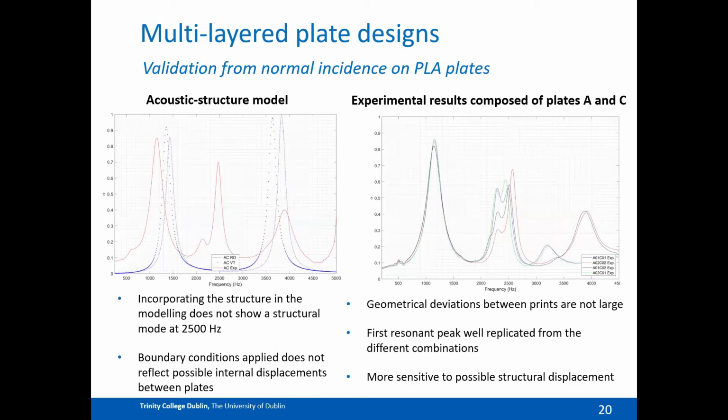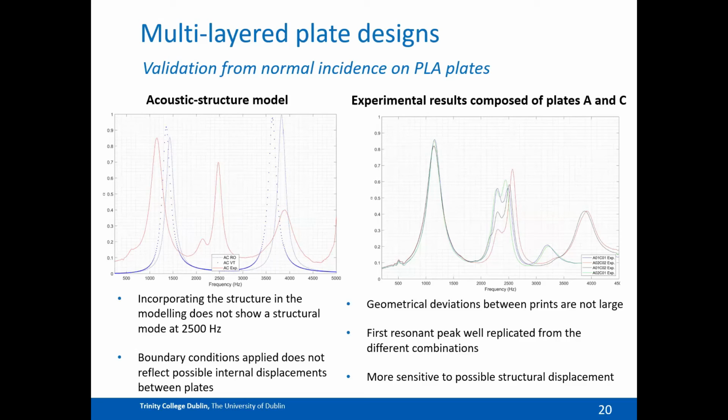But mainly for validating numerical models, since they were just using an acoustic model, different acoustic structure models were made, and incorporating the structure didn't lead to any dramatic changes, just by using microscopy images to see exactly what was going on.